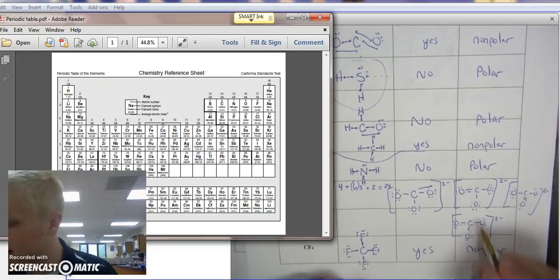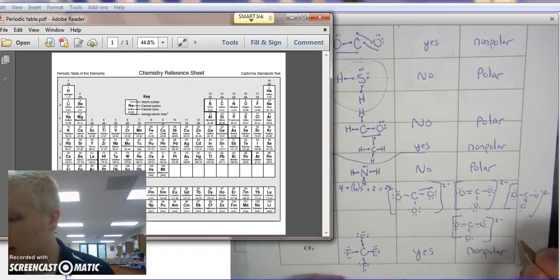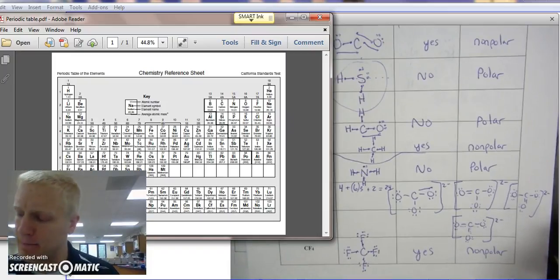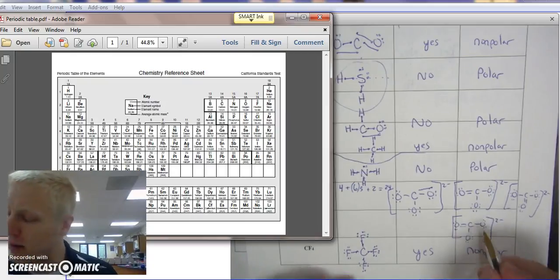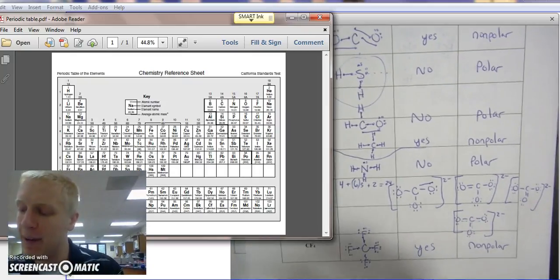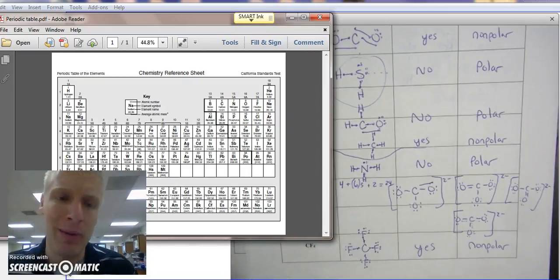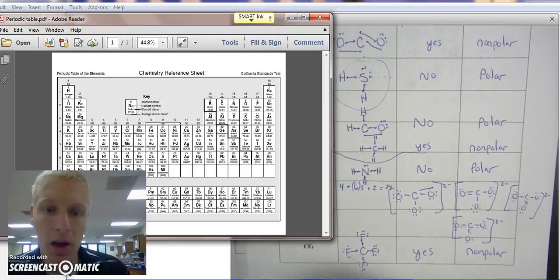And if we look at this, it is symmetrical, so yes for symmetry, so therefore it would be nonpolar. A lot of times when you have resonance, to really determine whether it's polar or nonpolar, you have to look at the sum of the three structures. And knowing polarity will make more sense when we talk about molecular geometry and the actual shape of the molecule. Alright, let's do one more.